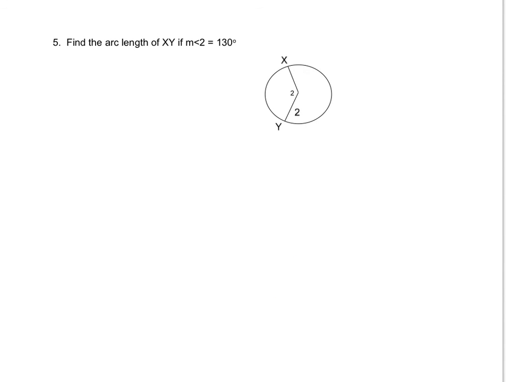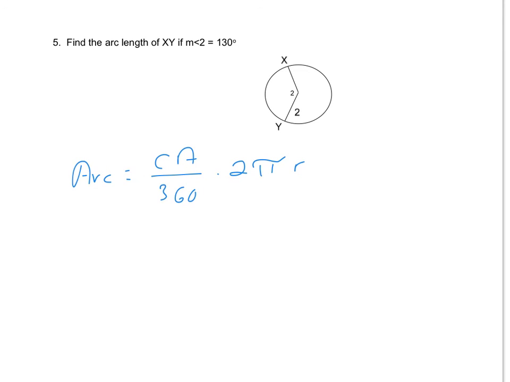Let's try one more here. Find the arc length of XY if measure of angle 2 is equal to 130. Okay, we're going to use our formula from last section. I know that arc length is equal to the central angle over 360 times the circumference of the circle, which of course is 2 pi r.